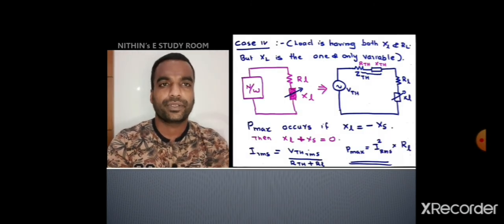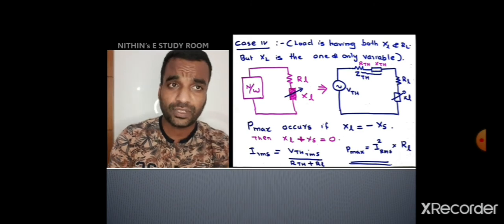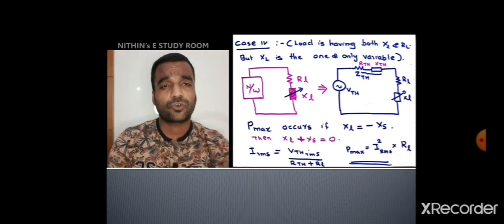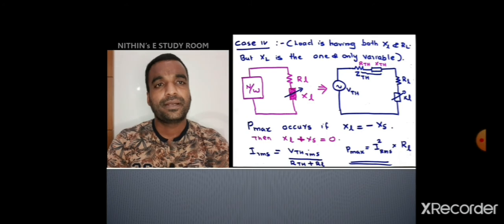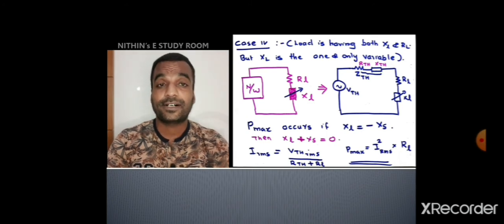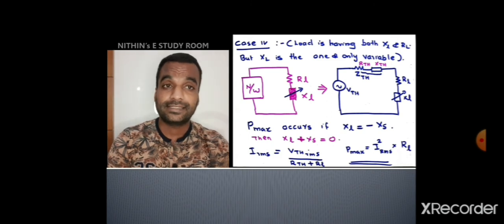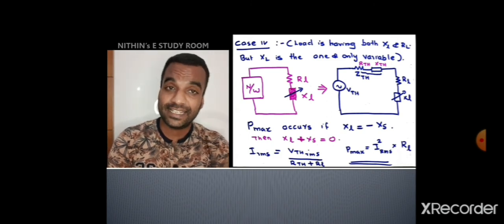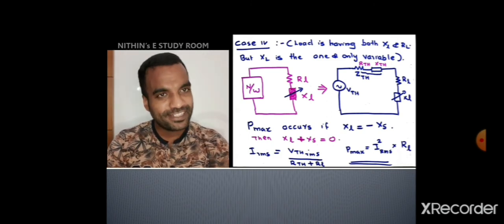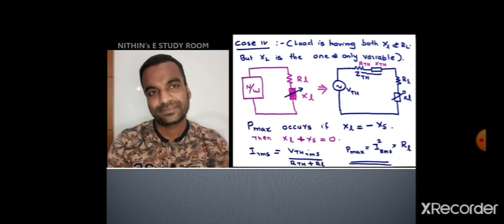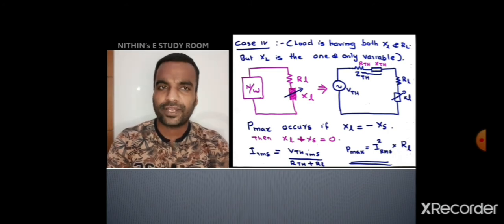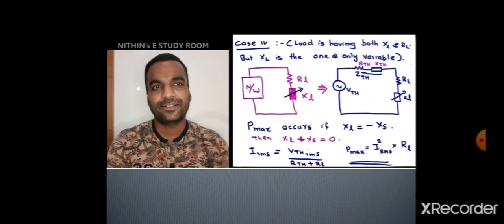Now we are going to the next case, case 4. Here it is almost similar to case 3, but in case 3 RL was variable and XL was fixed. Here it is just the inverse, where XL is variable and RL is fixed. So for the network you have to find V Thevenin and Z Thevenin.